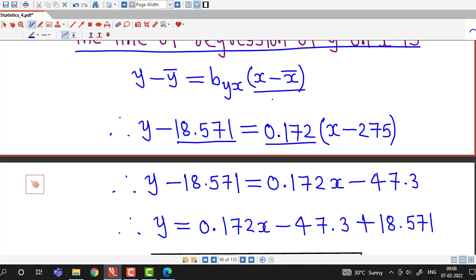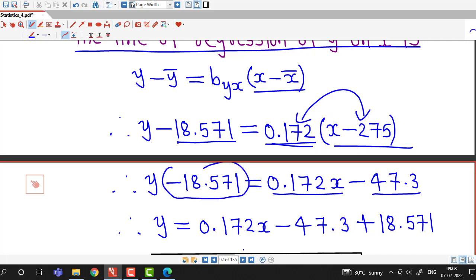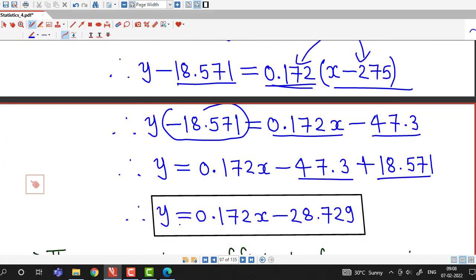So we substitute here, then we multiply this bracket by 0.172. So we obtain 0.172x minus product of these two is 47.3. Then we take this on right hand side and we add these two, and we obtain this line of y on x, y equal to 0.172x minus 28.729. We are asked to find out line of x on y also.